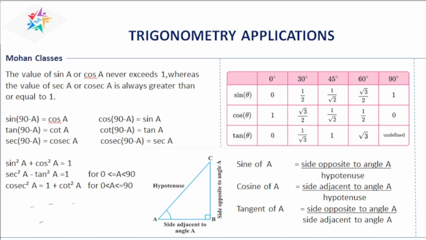That is the hypotenuse here. The height of the tower, or the height of the place where he wants to see, is the opposite side. Then the horizontal distance from the tower or from the point is called the adjacent side. Like that we have to take it.